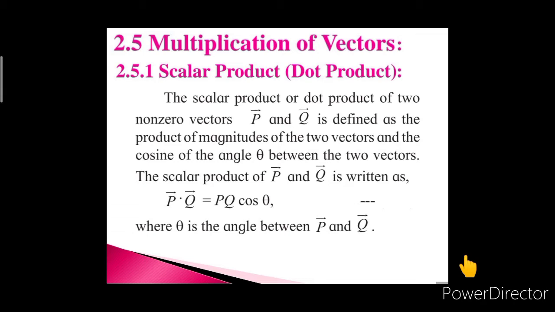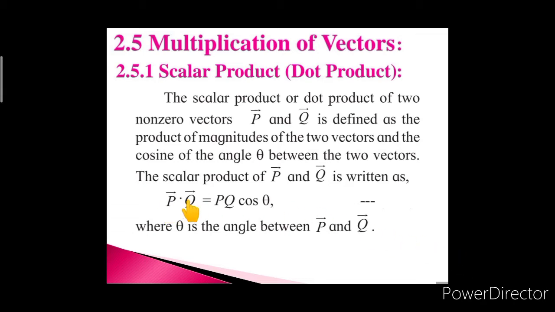When we multiply two vector quantities and get the result as a scalar quantity, the multiplication is said to be a scalar product. By means of a dot in between the two vectors, which shows the multiplication, it is also called dot product.